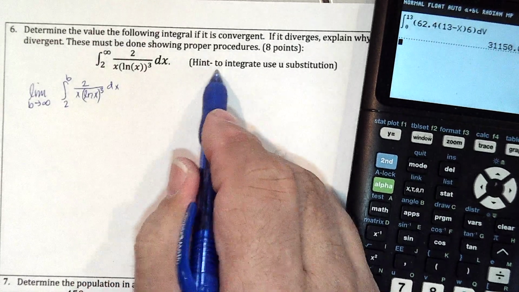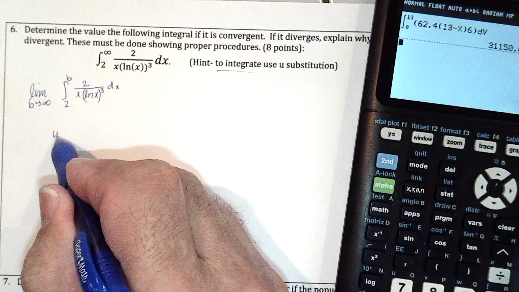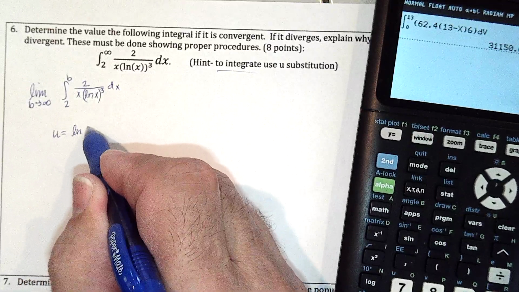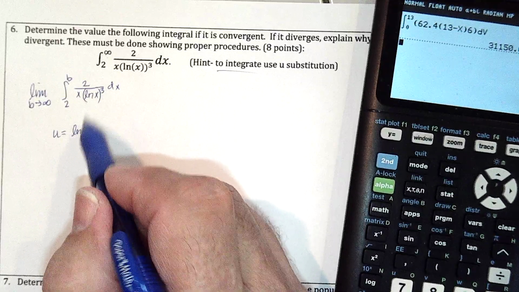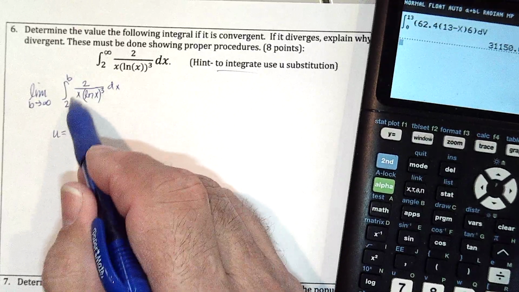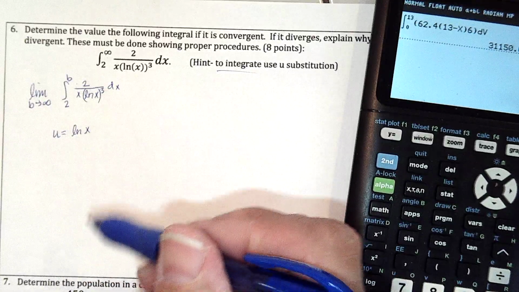Now to do this, I gave you a hint. You let u equal ln x. Its derivative is going to produce a 1 over x, which will end up in the numerator and cancel that x.